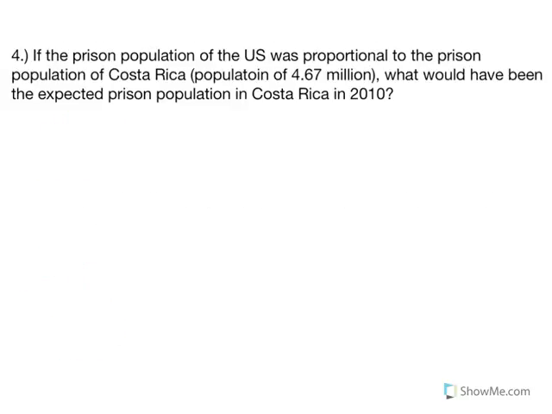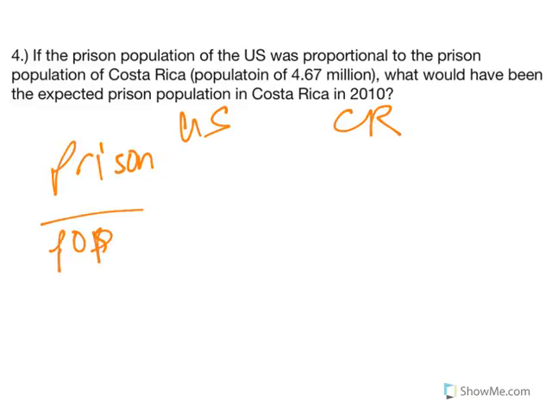Now we get to the proportional reasoning portion of this. If the prison population of the U.S. was proportional to the prison population of Costa Rica, so we're talking about the U.S. versus Costa Rica, what would the expected prison population in Costa Rica be? So we're talking about prison compared to the population.